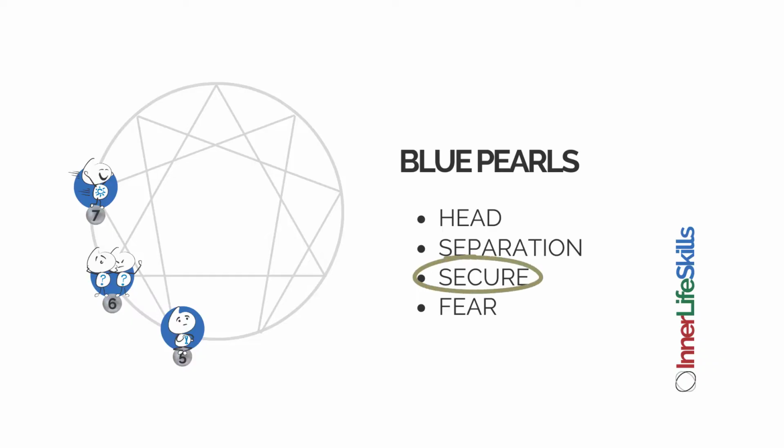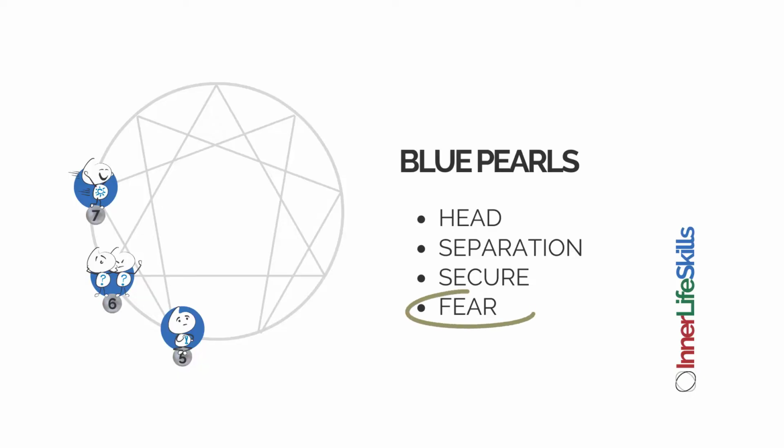That doesn't just mean physical security, which everyone can feel at some point. This is wanting to alleviate their continuum, which of course is the continuum of caution, anxiety, and fear. And this is combined for the blue pearl with the mind's functional dividing and separating of things.